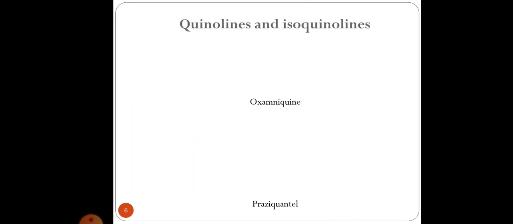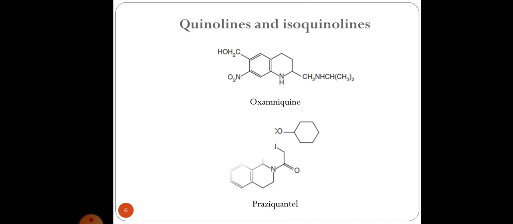The second class is quinolines and isoquinolines. Examples include oxamniquine and praziquantel. This is the structure for oxamniquine, and this is the structure for praziquantel.